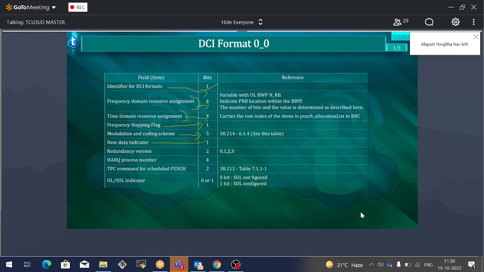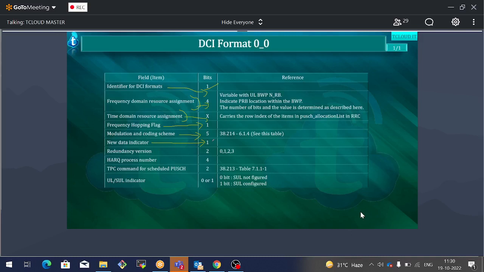New data indicator, NDI. This NDI is used to tell the mobile whether it will have to transmit new data or the old data itself, repeated, a retransmission. Remember, I have explained this a few slides back.